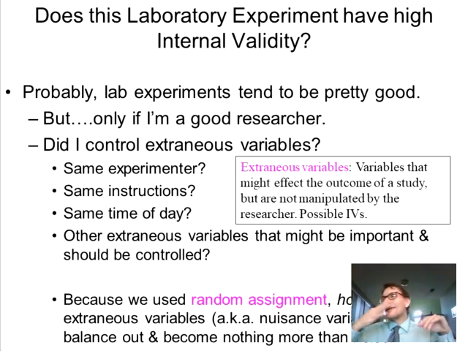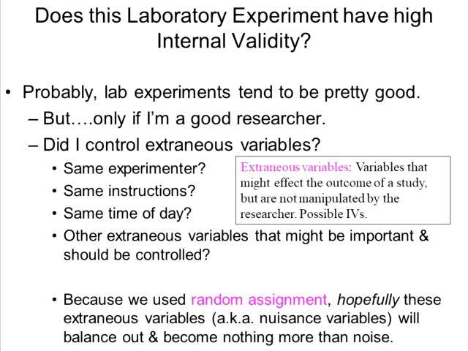Yeah, there are so many things you couldn't even possibly anticipate that could possibly interfere in this relationship. So that's where random assignment comes from. Because we used random assignment to randomly assign these children to these conditions, we hope that all these other extraneous variables that I couldn't even imagine will balance out and fall equally or nearly equally into the 2 different conditions.